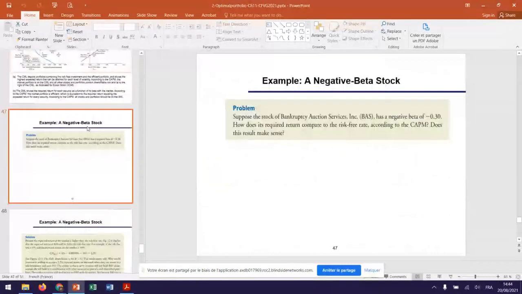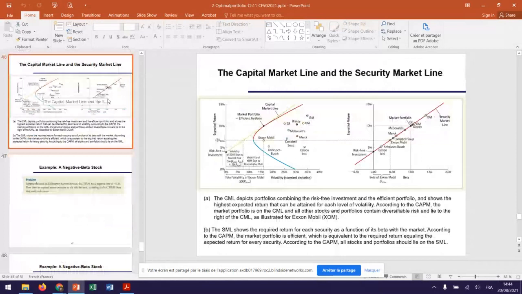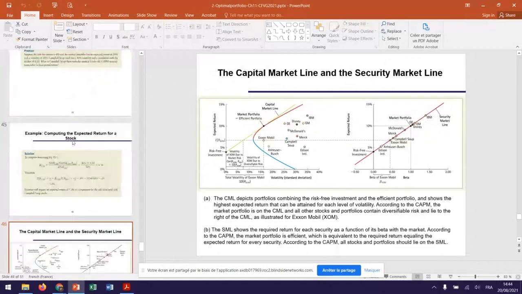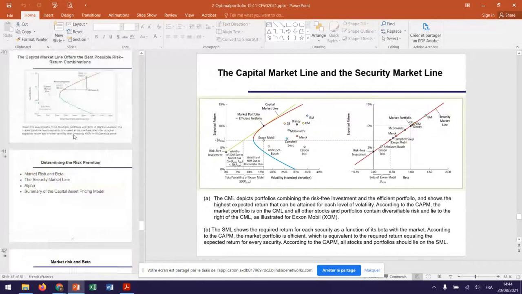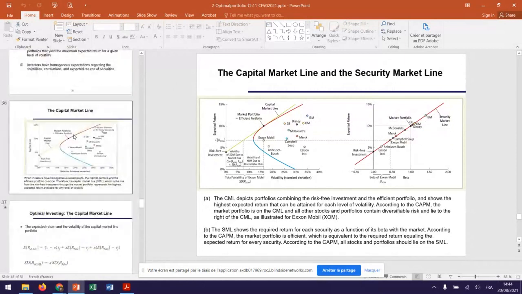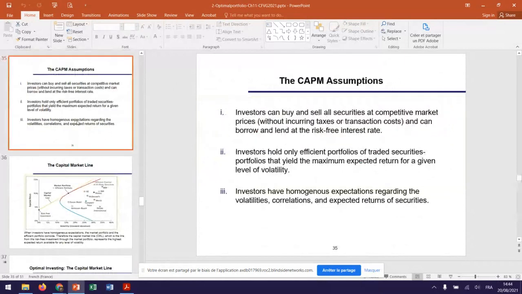Obviously, the CAPM, which we come back to later, has several assumptions that we have identified here, which are probably not realistic, such as investors can buy and sell all securities at competitive market prices. There are also taxes and transaction costs, so there may be some divergence in your calculation of expected return because the assumptions of the CAPM may not hold in real life.